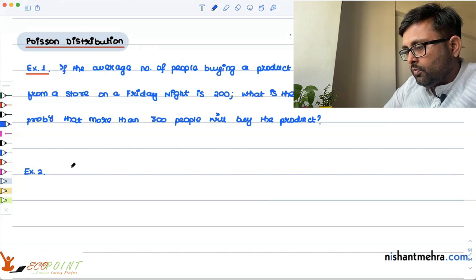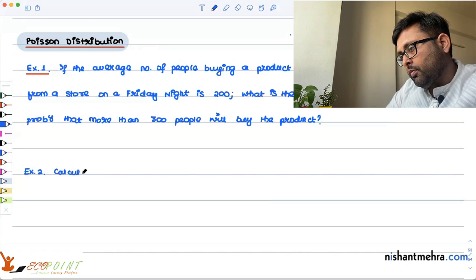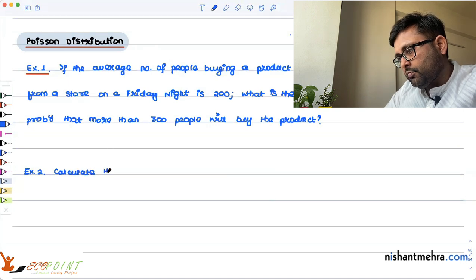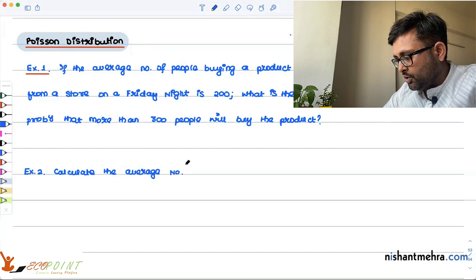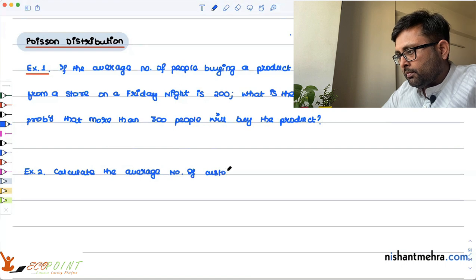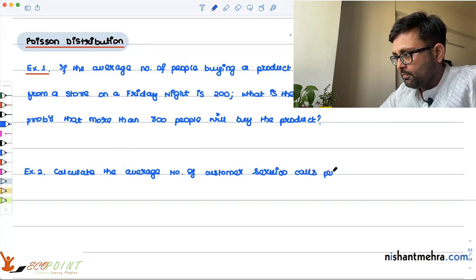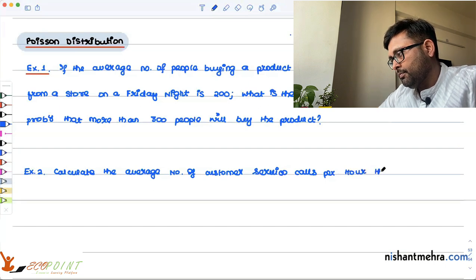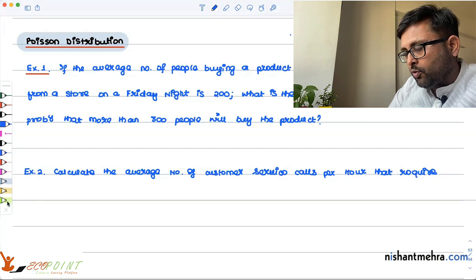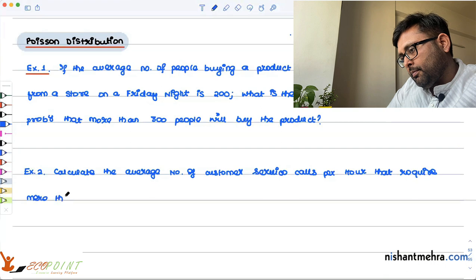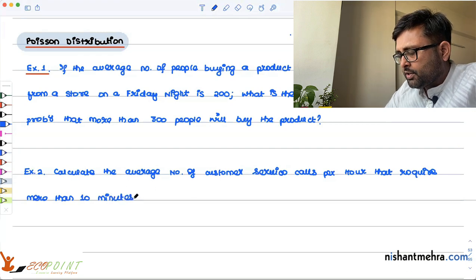So calculate the average number of customer service calls per hour that require more than 10 minutes or 20 minutes to handle.